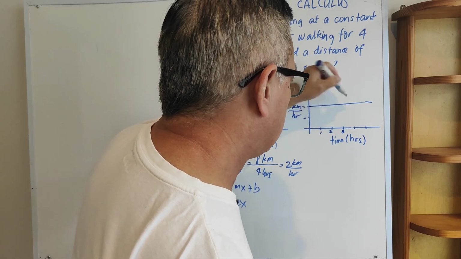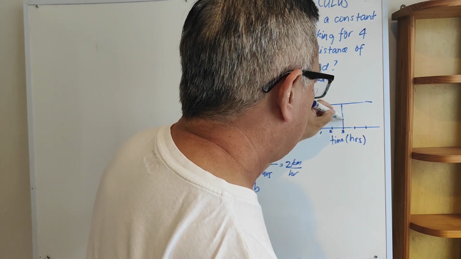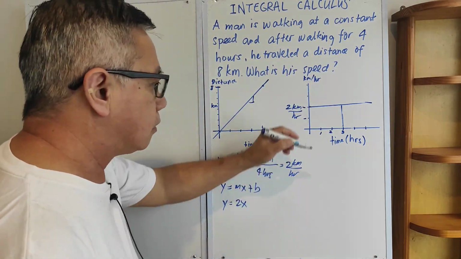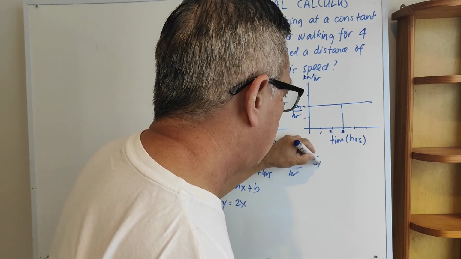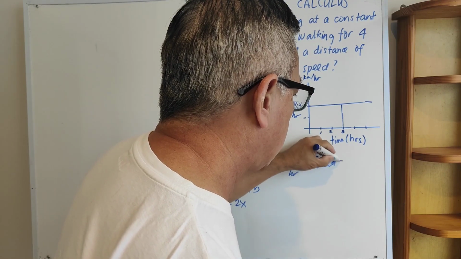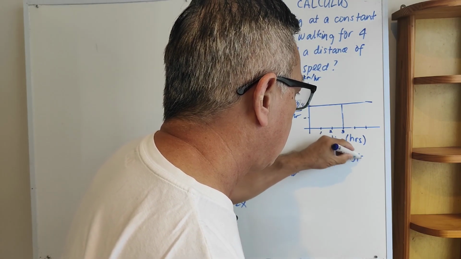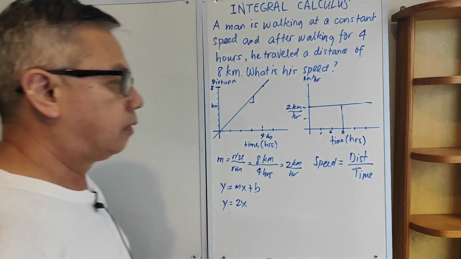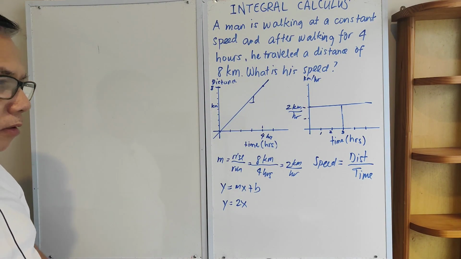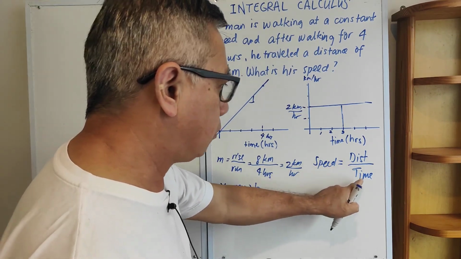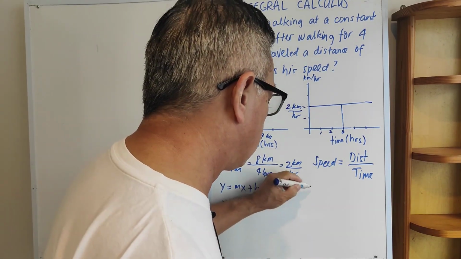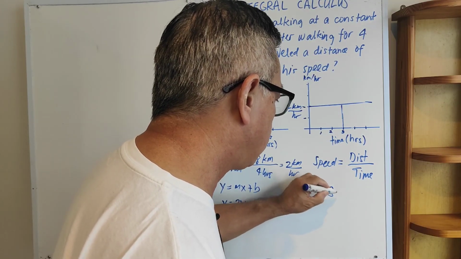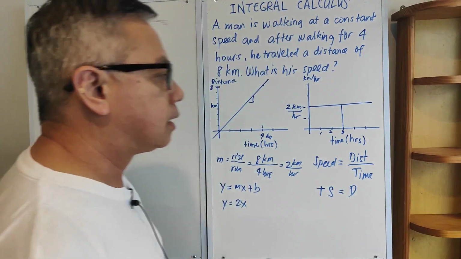After 3 hours, speed is equal to distance over time. Okay? So if we want to compute the distance, we multiply time on both sides. So time times the speed is equal to the distance.